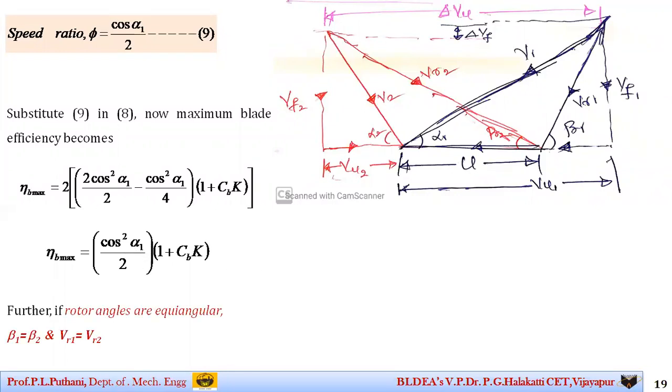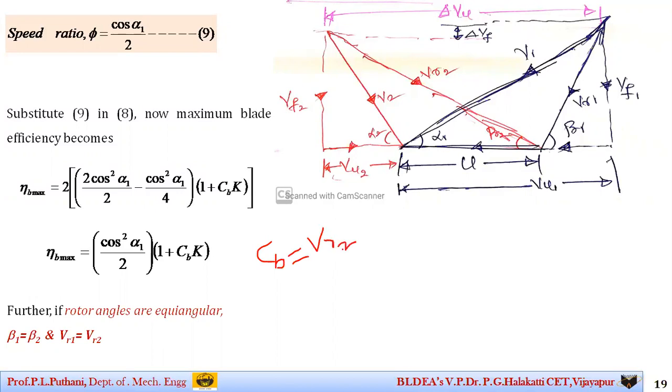And if the rotor angles are equiangular, you can write beta 1 is equal to beta 2. So when beta 1 is equal to beta 2, what is the value of K? It becomes equal to 1. VR1 is equal to VR2, the relative velocities, so the blade coefficient CB also equals 1, since CB is equal to VR2 by VR1.